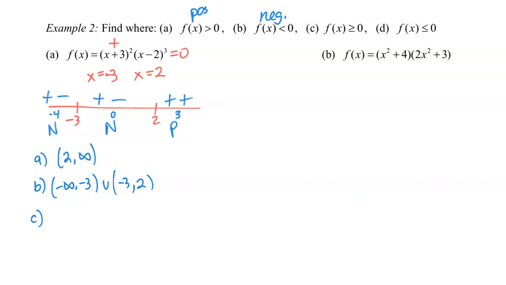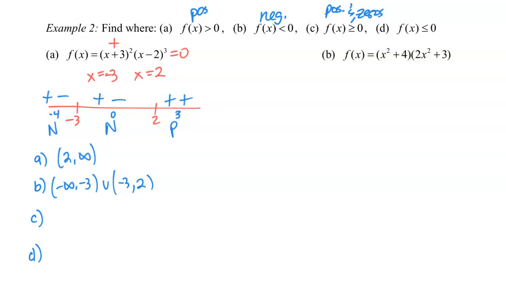Okay, in letters C and D, this is where it gets a little bit more complicated. In letter C, we not only want the positive sections, but we also want any zeros to be included. So my answer is going to look somewhat similar to letter A, but it's going to include 2 additional points.